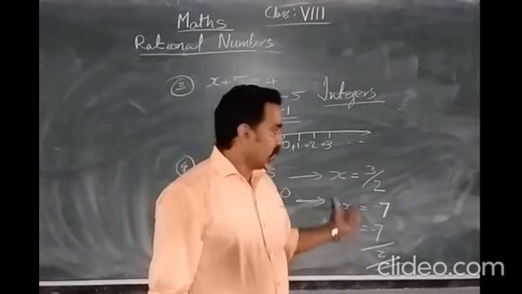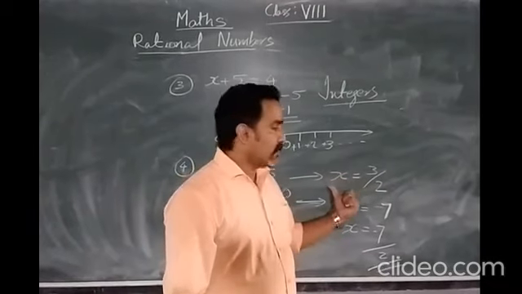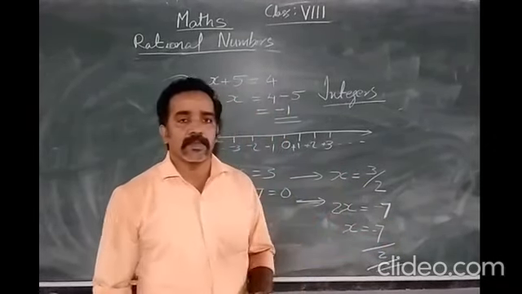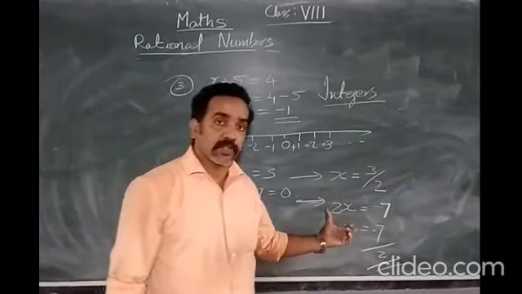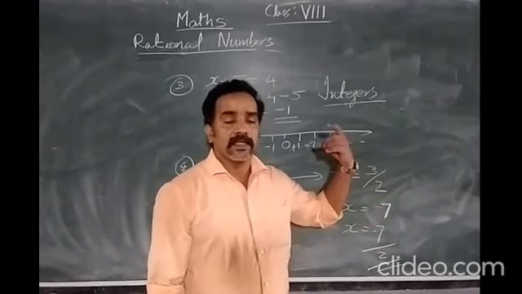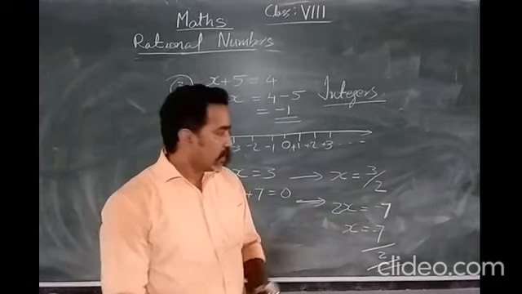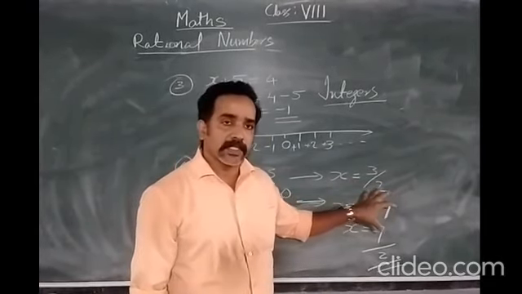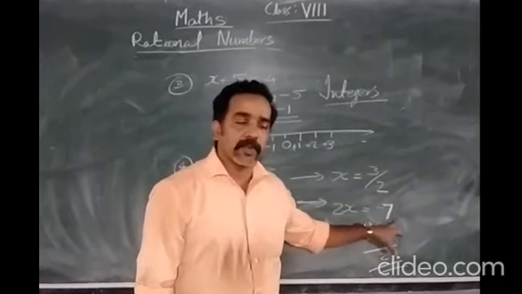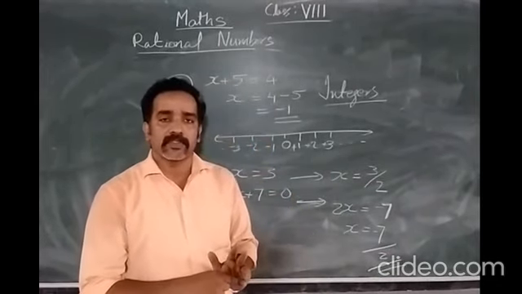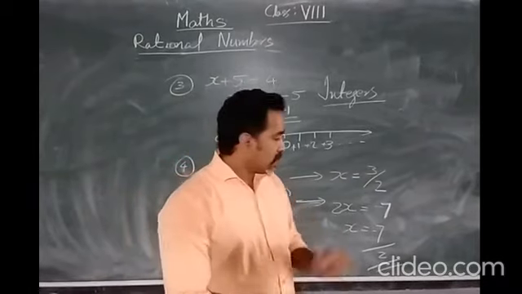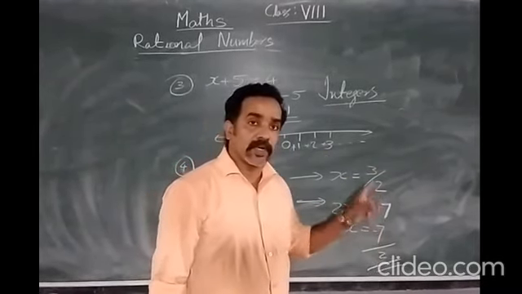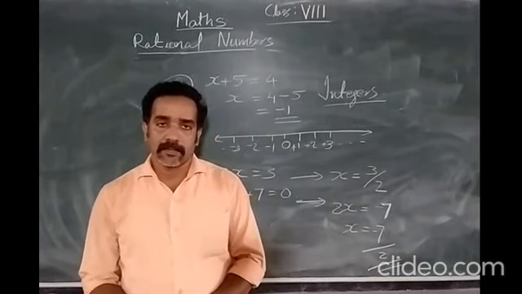Also there exist some other numbers. We sometimes call them fractional numbers. So that type of numbers is also included in the set of rational numbers. So what are rational numbers? The rational numbers include these type of numbers also, along with natural numbers, whole numbers and integers. These type of fractions are also included in the set of rational numbers.